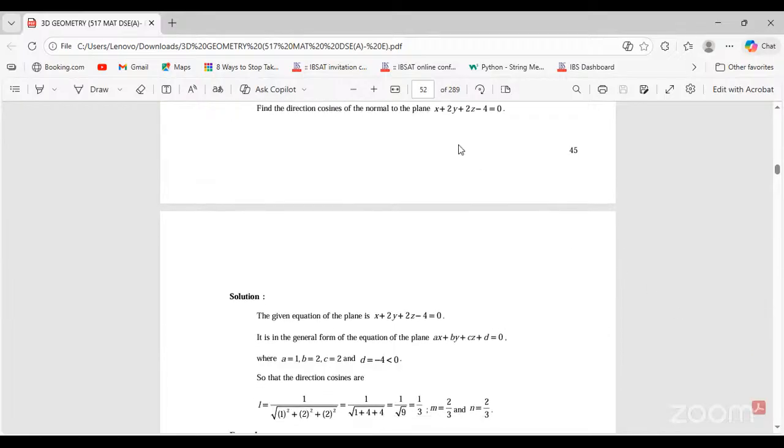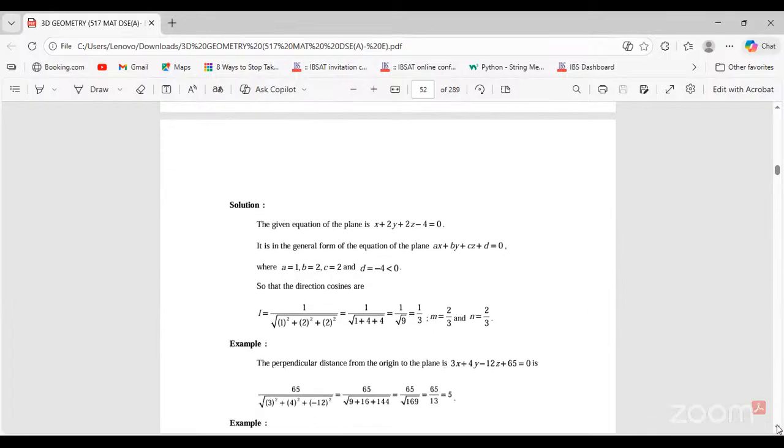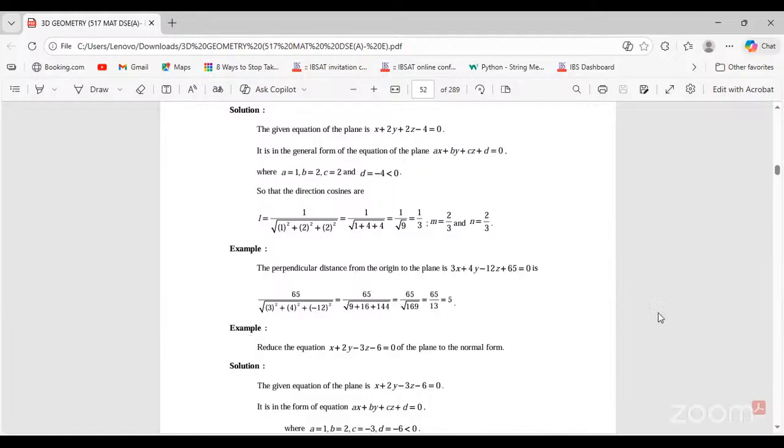Comparing this with the standard form, the general form is ax plus by plus cz plus d equals 0. Here the coefficient of a is 1, b is 2, c is 2, and d is minus 4. Therefore d is minus 4, which is less than 0.